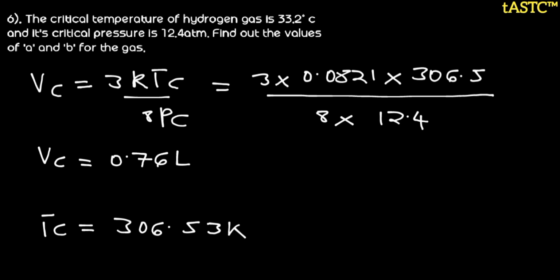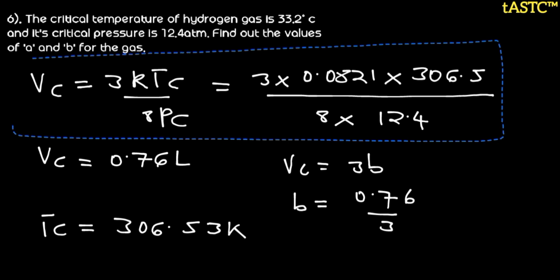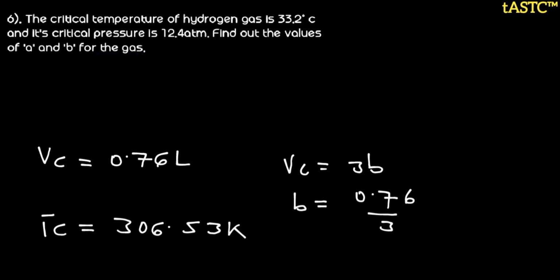Now we know that V sub C is equal to 3B. So B will be equal to 0.76 divided by 3. So divided by 3, that is going to give us 0.2536, so that is 0.2537.